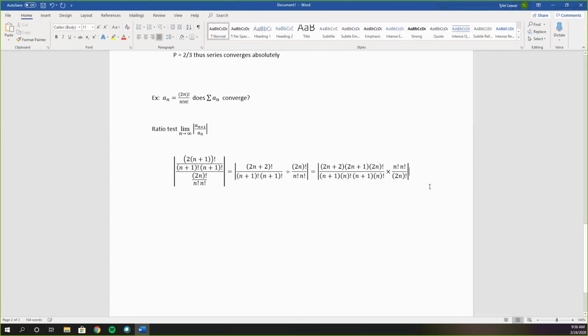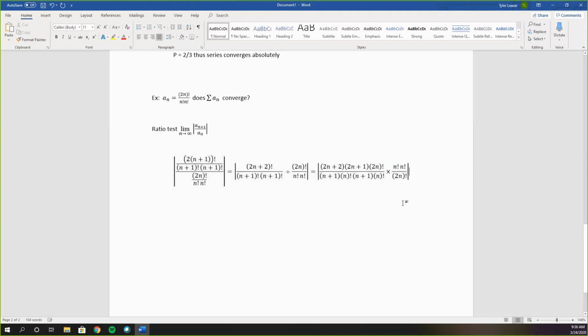Okay. I know this looks awful, and I hope you guys are writing this on your own notes. You can kind of visualize a little bit better what's going on here, but a lot of stuff is going to cancel out. This 2n factorial in the numerator cancels out with this 2n factorial. This n factorial cancels out with this n factorial. This n factorial cancels out with this one.